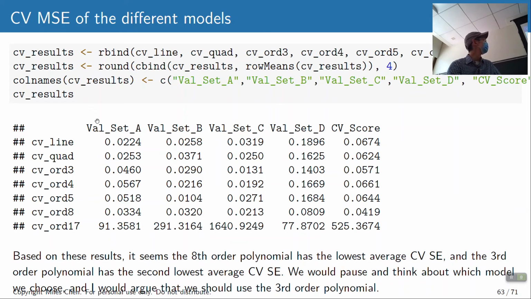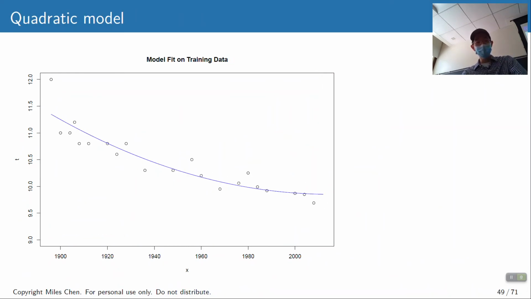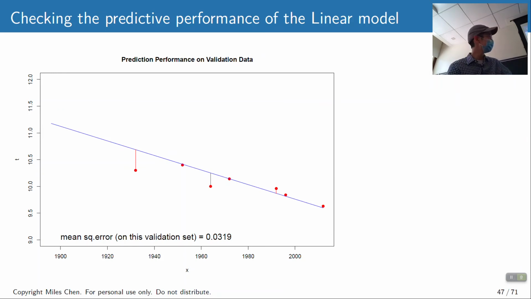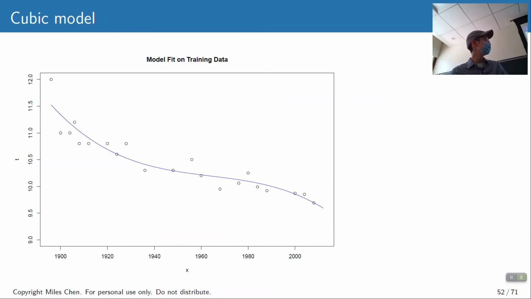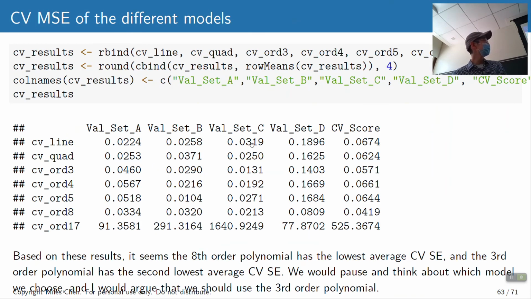Okay, so if I go through, I can calculate for each of these data sets what is the cross-validation error for validation set A, validation set B, validation set C, and validation set D. Okay, and so the numbers that we saw were all from validation set C. The linear model was 0.0319, 0.025 for the quadratic, 0.0131, 0.0192, 0.0271, 0.0213, right?